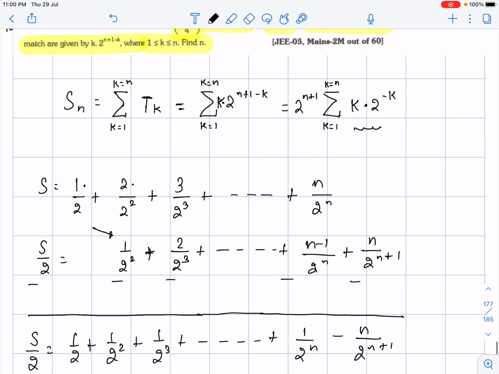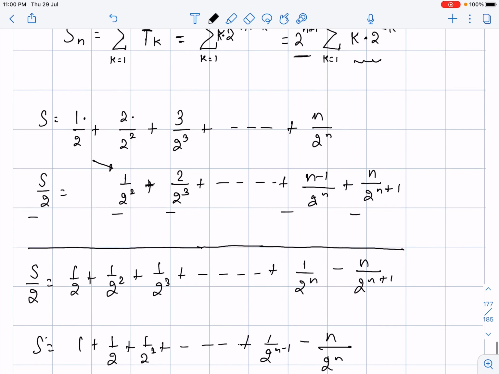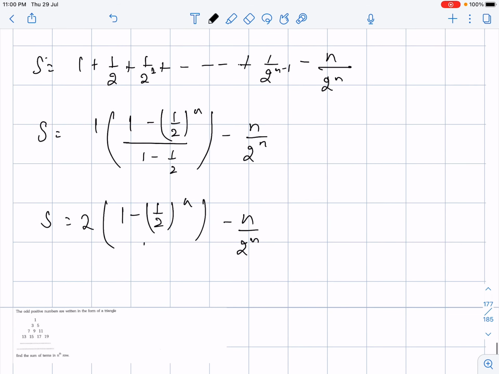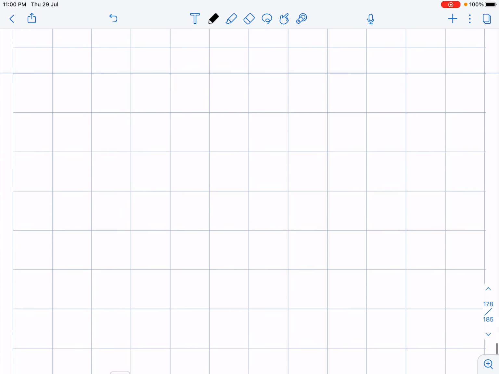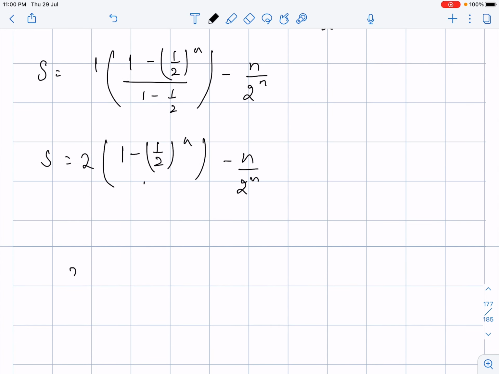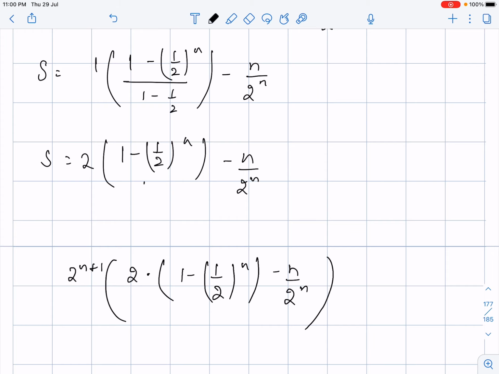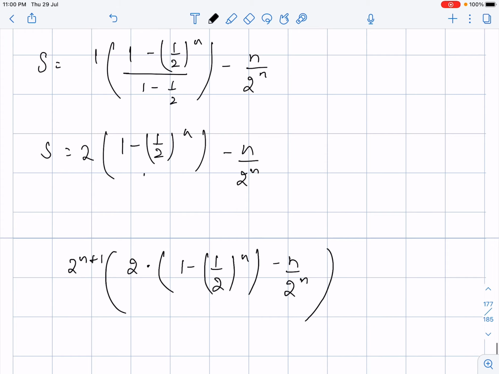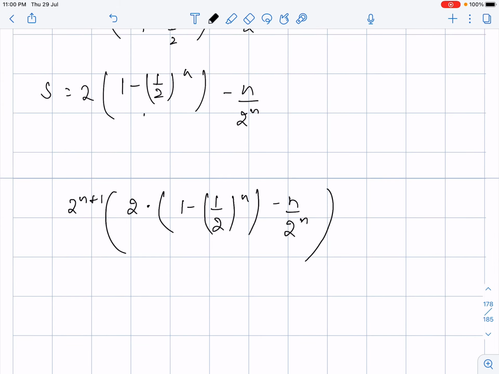Along with that, what do I have? 2^(n+1) I have. So the final thing will be 2^(n+1) multiplied by 2 times (1 - 1/2^n), and the whole of it minus n/2^n. Now let's multiply with 2^(n+1) throughout the expression.